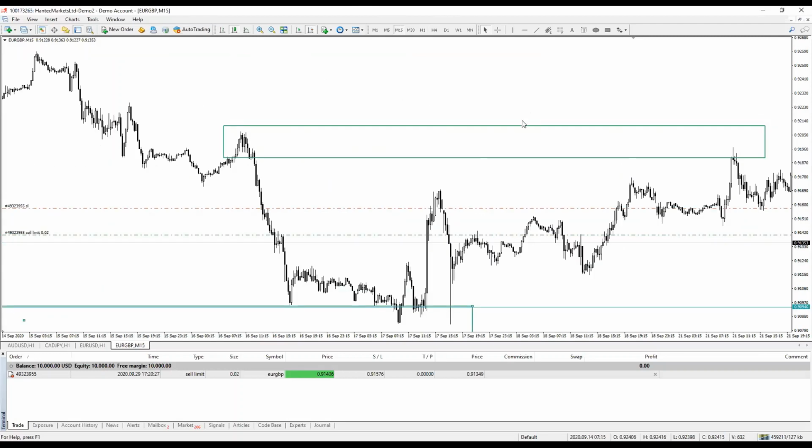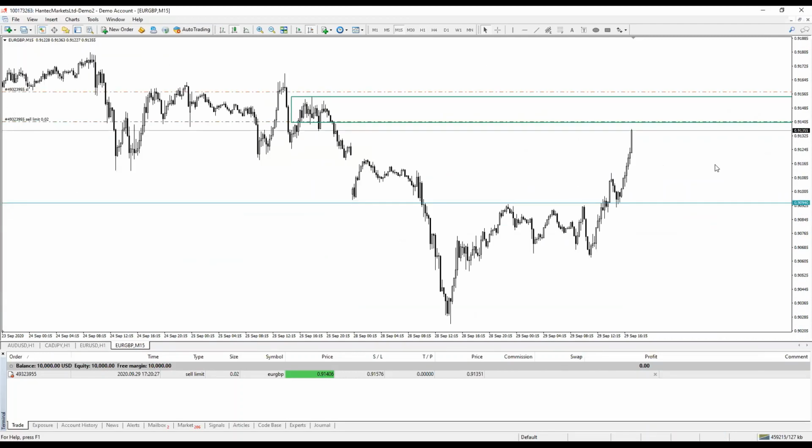Supply and demand also have no time zone. It's not a time zone type of concept, because it's all about price. Price is being rejected or meeting resistance wherever there are orders waiting. So time zone is not really an issue in this concept.